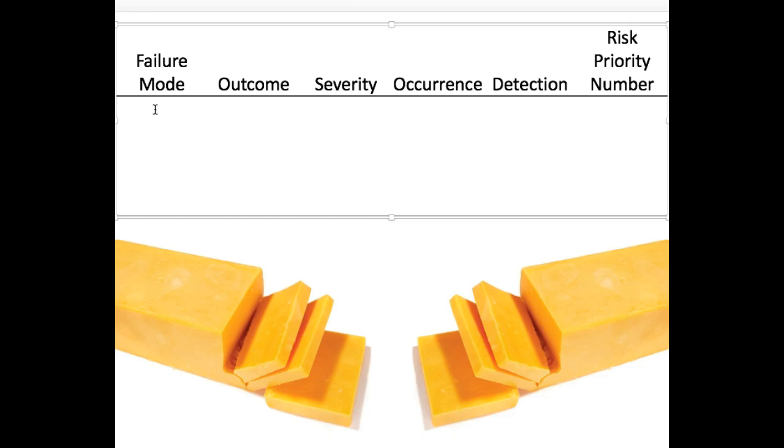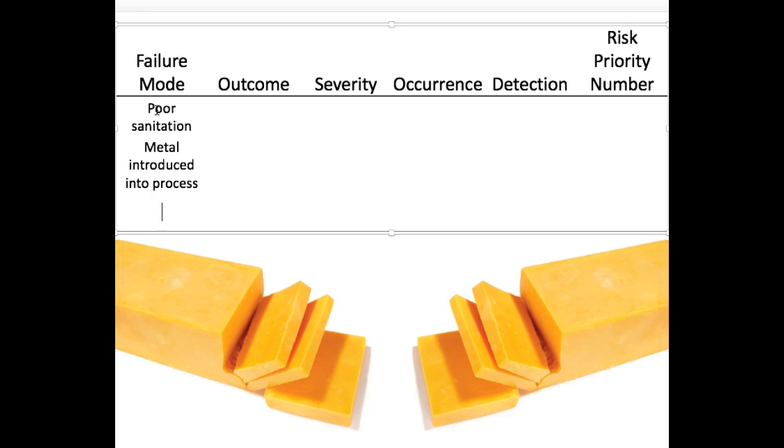Those are all failures, and the mode here is not the failure itself, but how that happens. So for failure mode for mold, we have poor sanitation. For failure mode for metal, we have, let's say, some kind of metal gets introduced into the process somewhere.